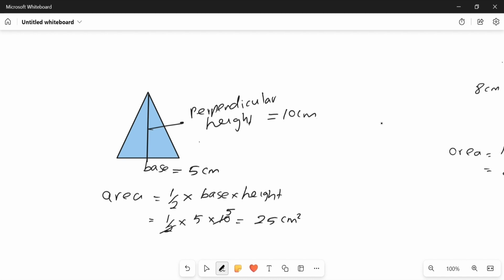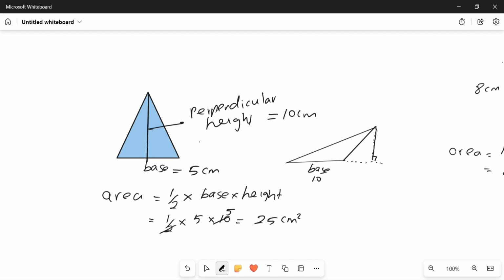The triangle can be in different shapes. Now look at this triangle. This is an obtuse angle triangle. So if you take this as a base, the perpendicular height will be outside. This is going to be the perpendicular height.